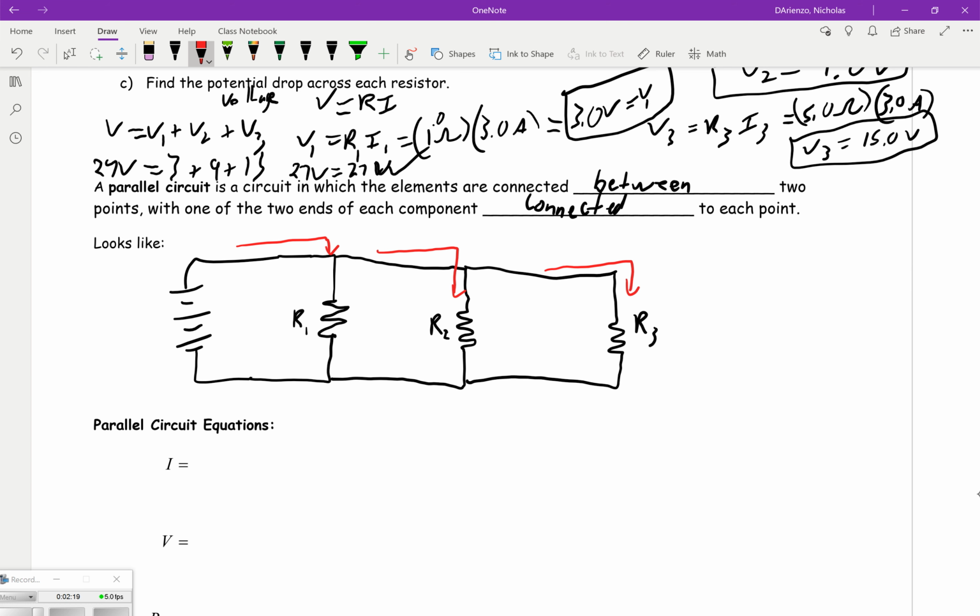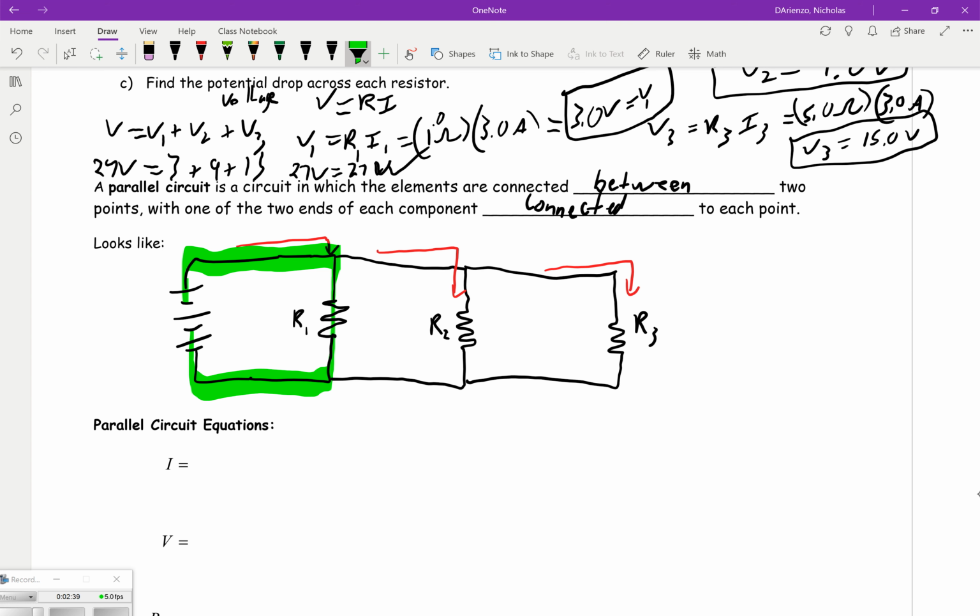If we just break apart one of these branches and look maybe at this first part here, if we look just at this circuit, we have everything here that we need for a simple circuit: a source of potential difference, connecting wires, and a circuit element, a resistor.